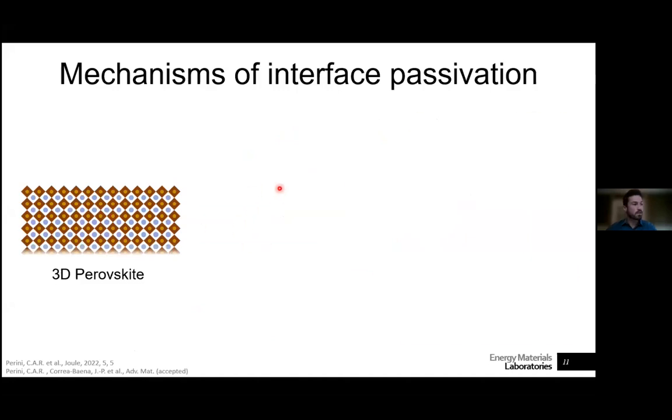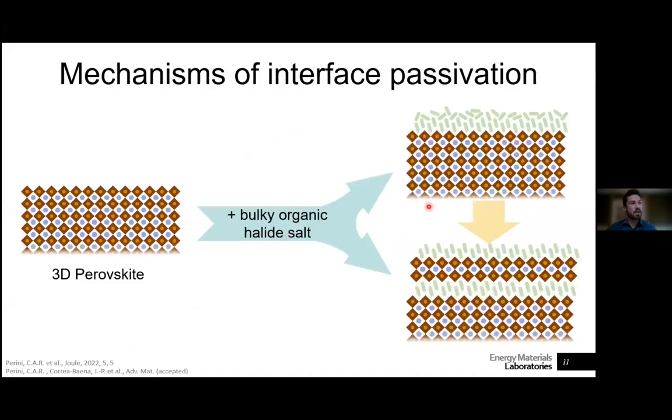We introduce at the surface a large organic cation, and this can either sit on the very top surface of the material, or even lead to reconstruction of the interface into structures of low dimensionality. In this case, I'm showing a so-called Ruddlesden-Popper structure with n = 2, where n is the number of corner-sharing lead-halide octahedra spaced by the bulky cations.